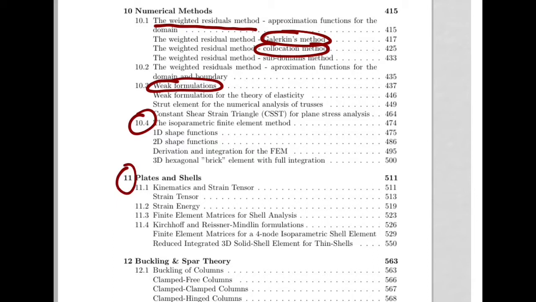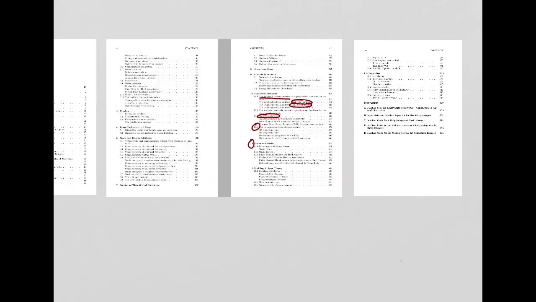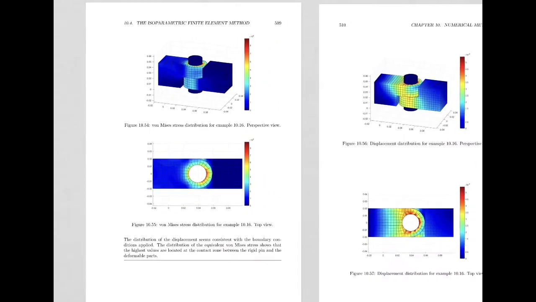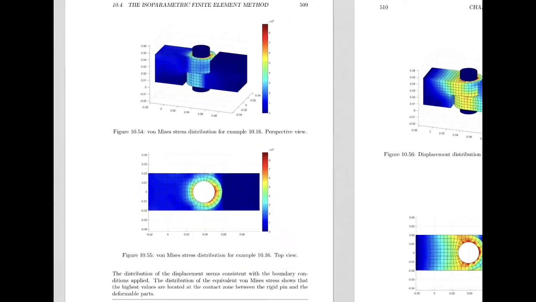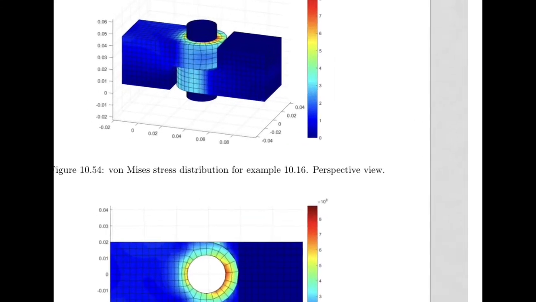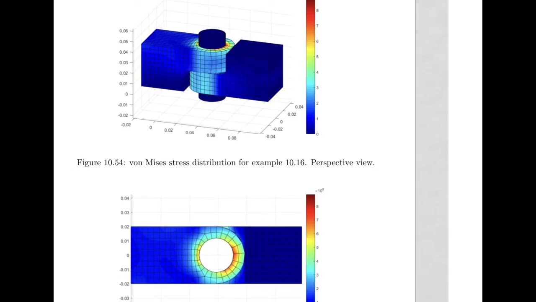So in this short course, these are some figures I took from my book. You will be able to model this kind of structural components, for example, a hinge. You have MATLAB scripts to get the finite element matrices for the 3D brick elements.